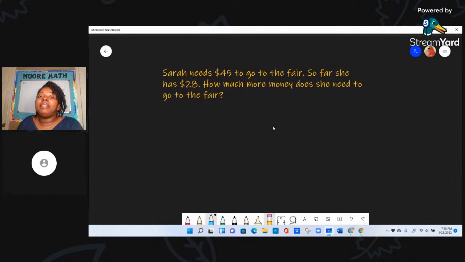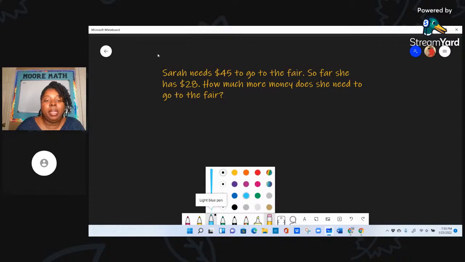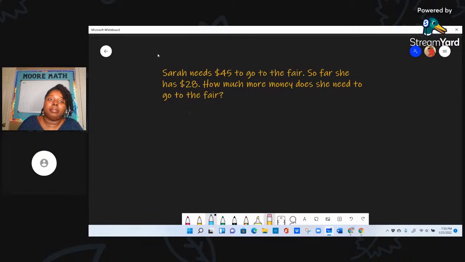Sarah needs $45 to go to the fair. So far, she has $28. How much more money does she need to go to the fair? So how much more money is she going to need in order to go to the fair? Okay, so tell me how you would figure that out. Subtract. Okay, why would you subtract?